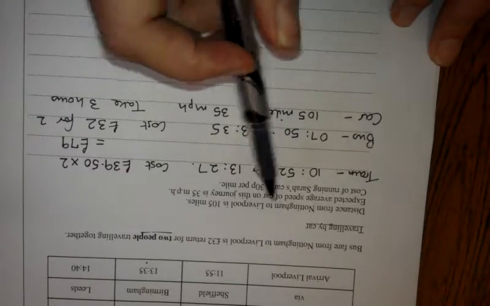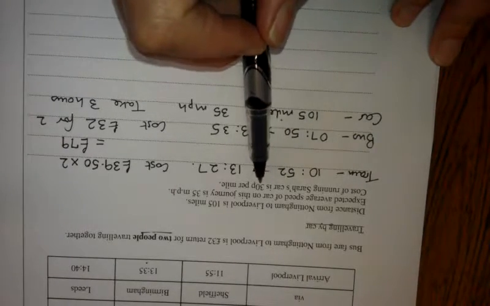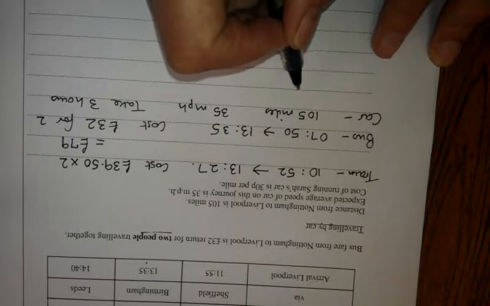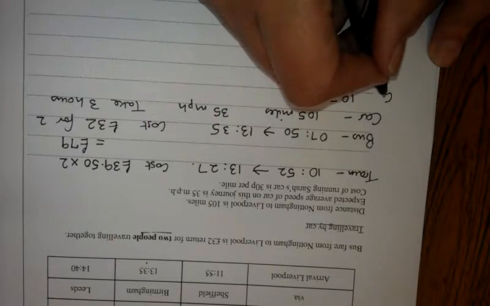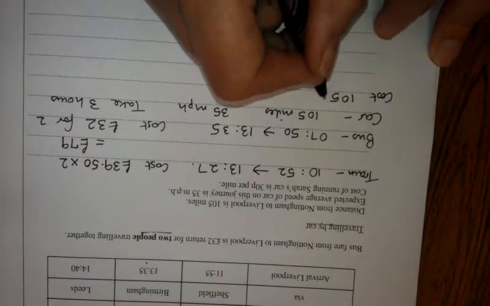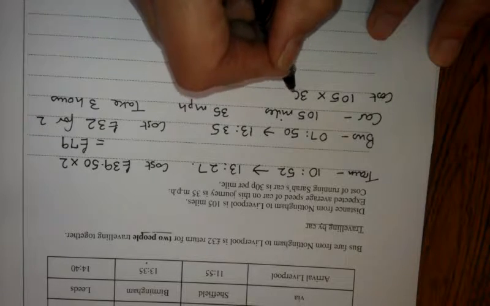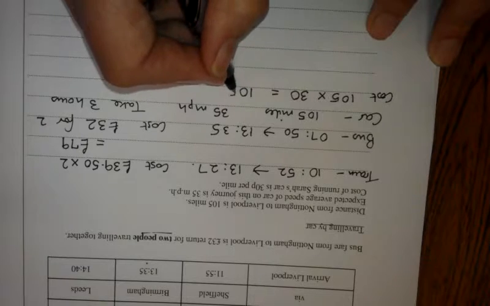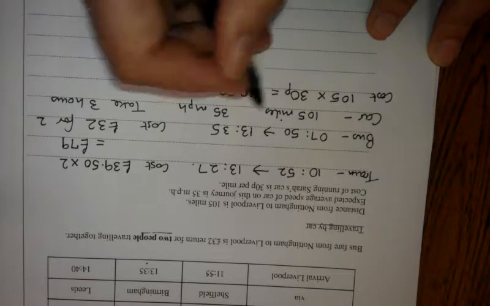And let's have a look at the cost. The cost of running Sarah's car is 30 pence for every mile. So if it's 30 pence for every mile, and she's going to travel 105 miles, the cost is going to be 105 multiplied by 30. So if I do 105 multiplied by 10, that's 1050. Now remember, this is in pence.